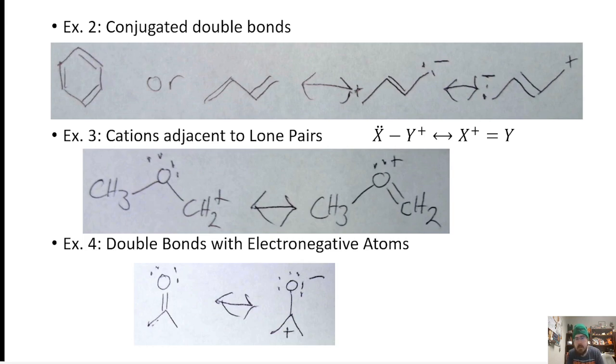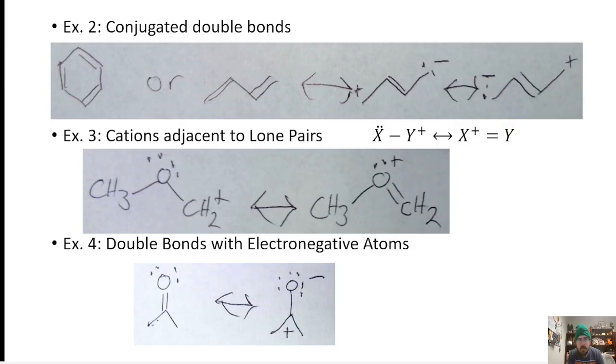Now, is this resonance structure necessarily the most stable? No. But you can see that we can resonate to form a carbocation on carbon 1 and a carbanion on carbon 4 with an alkene between them. And we can resonate to the reverse.